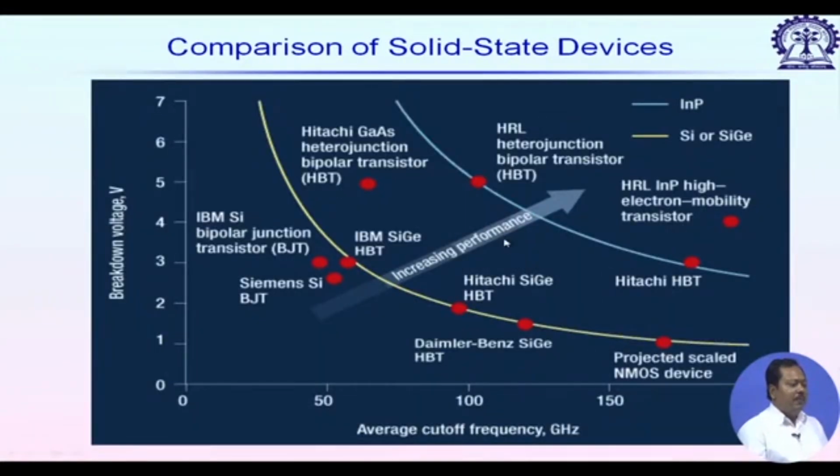Comparison of different solid state devices available in the market. We are comparing breakdown voltage versus average cutoff frequencies in gigahertz. They are available commercially, and this yellow curve shows devices based on silicon and silicon germanium technology, and this blue one shows devices based on indium phosphide.